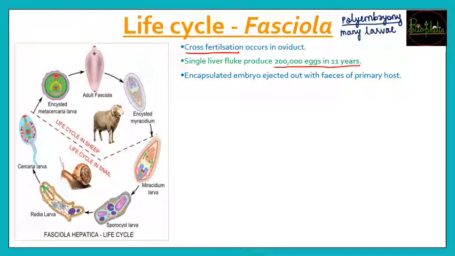So 2 lakh eggs in 11 years अगर एक single female produce कर सकती है, in that case there are going to be many more liver flukes that can be ingested by the host. So उस condition में the intestines can get blocked and the animal or the person can undergo anemia because of loss of blood.